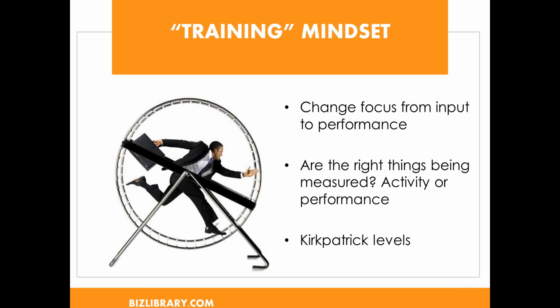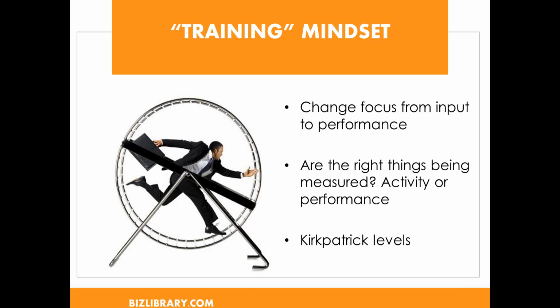So then the next barrier is what Jennings refers to as a training mindset. And this sort of permeates a lot of what we've talked about. This is the need to change the focus from pure inputs to performance. And that really ties right into what we just went through. If we had been in a training mindset at the beginning of that, we just would have gone to Jessica's team and said, here's your customer service training, and off we go.